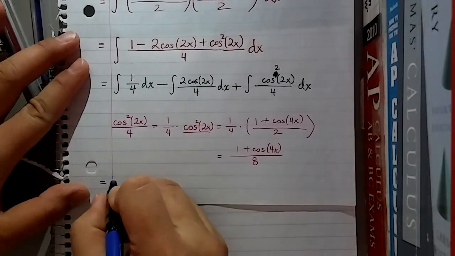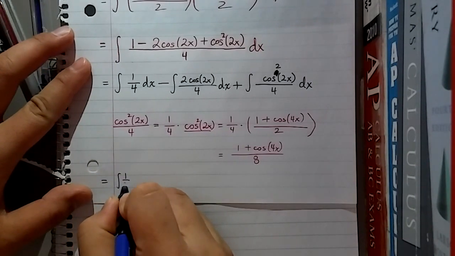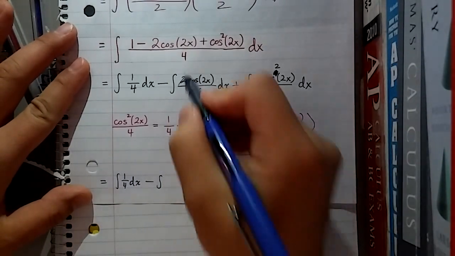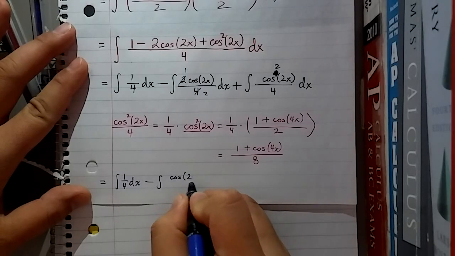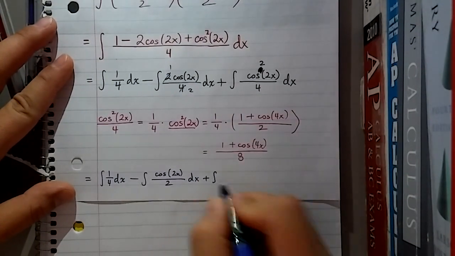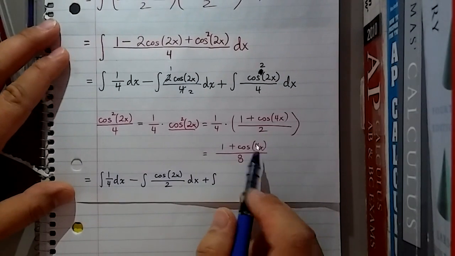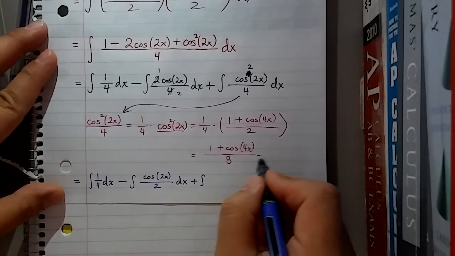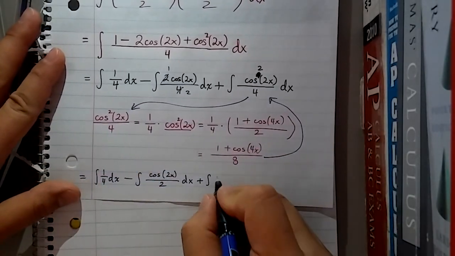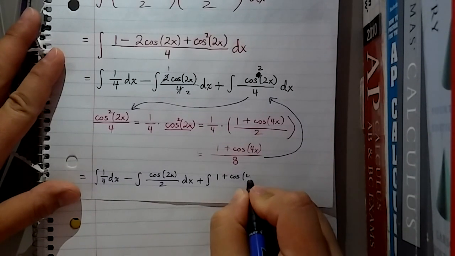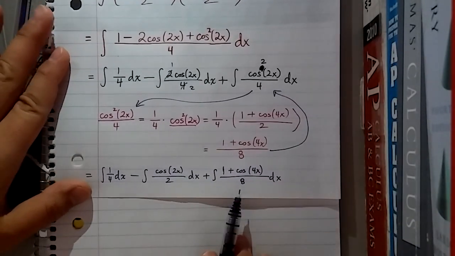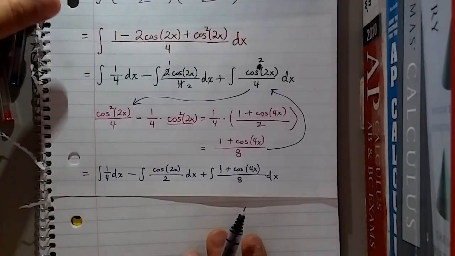So replace everything: integral of 1 over 4 dx minus integral of, now that reduces, that's a 1, so that's cosine 2x all over 2 dx, plus integral of, well, now this is this instead, that circle of life, 1 plus cosine 4x all over 8 dx.